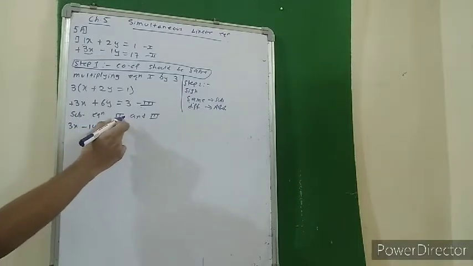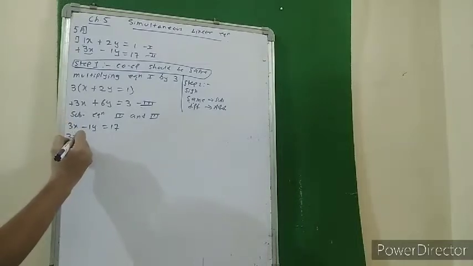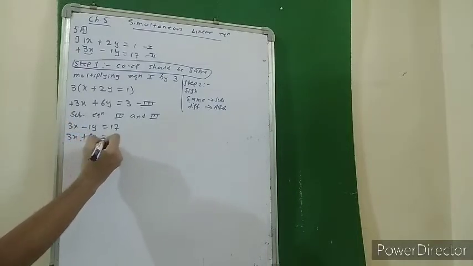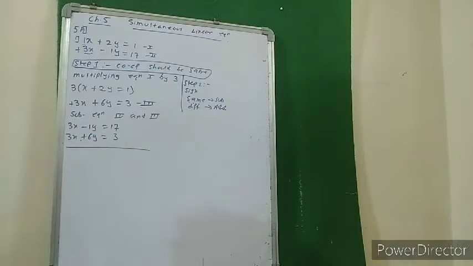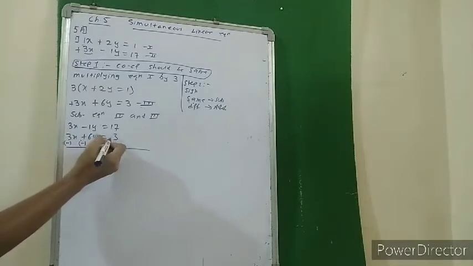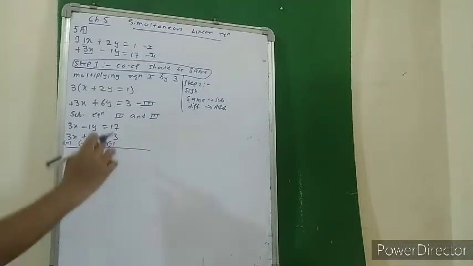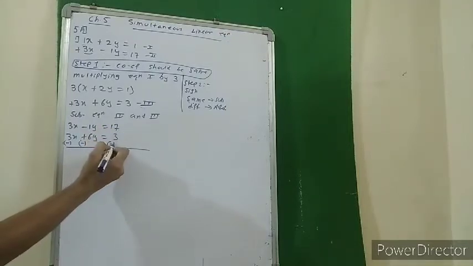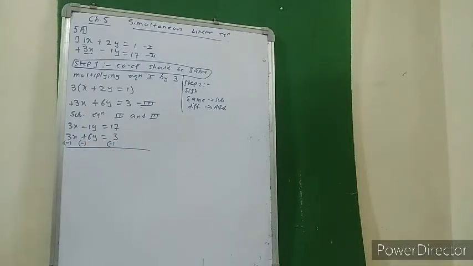This is equation 2. And what is equation 3? 3x plus 6y is equal to 3. If I am subtracting, all the signs will be changed. The original sign of this was plus, so it will become minus, plus will become minus, plus will become minus. Signs are going to change as we are subtracting. In addition, nothing will happen, but if you are subtracting, all the signs will be changed.